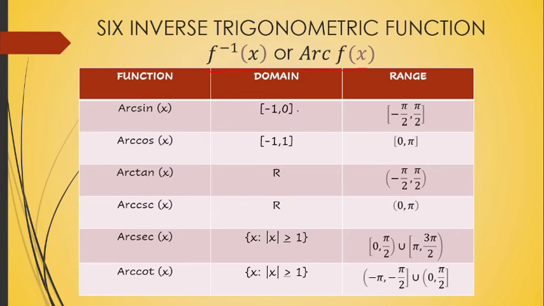Now, for the trigonometric functions themselves, this will be the domain and this is the range. This time for the inverses, this will be the domain and this will be the range.